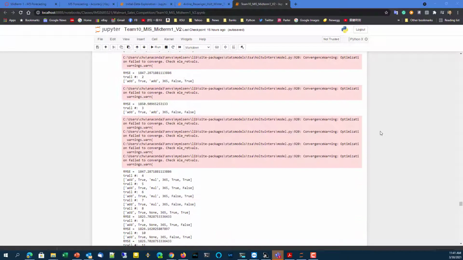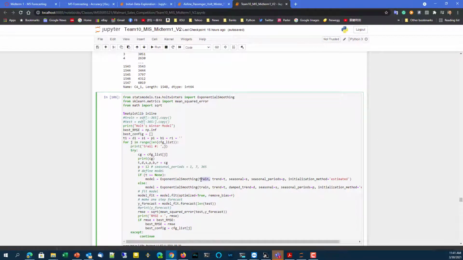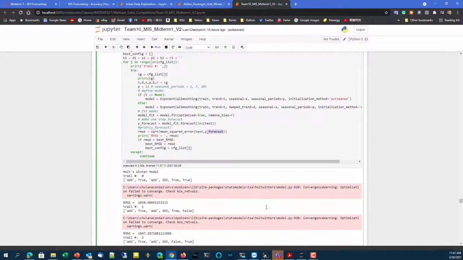No, you use the training set to fit the model, correct? And then you do the forecast. After you forecast, you compare the test with the forecast numbers. That's how you calculate root mean square error.